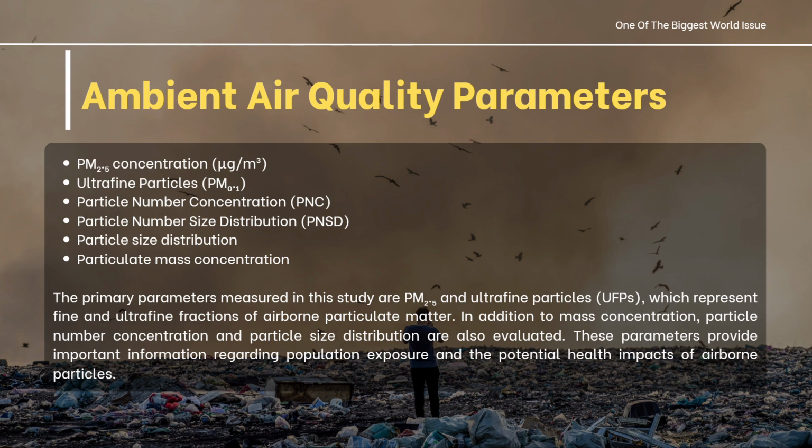The primary parameters measured in the study are PM 2.5 and ultrafine particles, which represent the fine and ultrafine fraction of airborne particles. In addition to mass concentration, particle number concentration and particle size distribution are also evaluated. These parameters provide important information regarding population exposure and potential health impact of airborne particles.